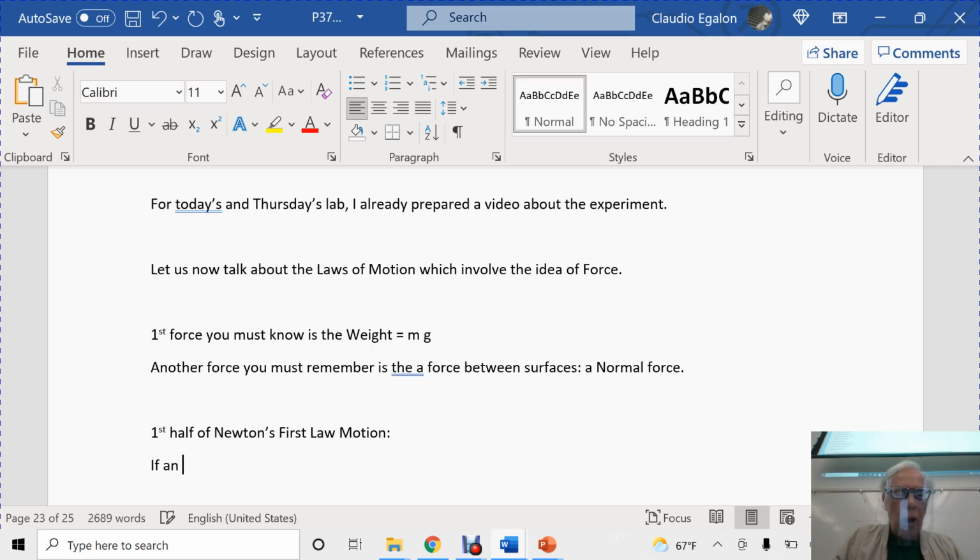If an object is at rest, the net force applied to this object is 0.